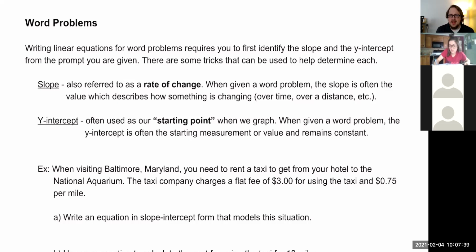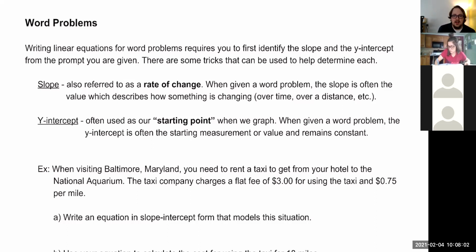So what's usually intimidating about word problems is that we're used to working with the equations, but we're not so used to writing them ourselves. Give us an equation, we can solve, change it, do whatever we need to. But asked to write one, sometimes it's harder to pick out the information we need to write it successfully.